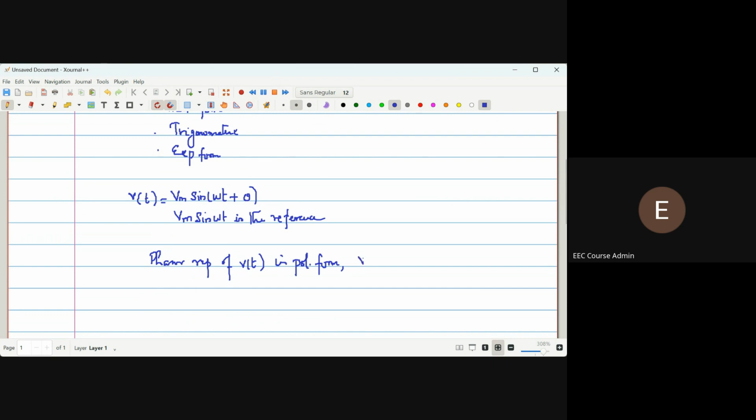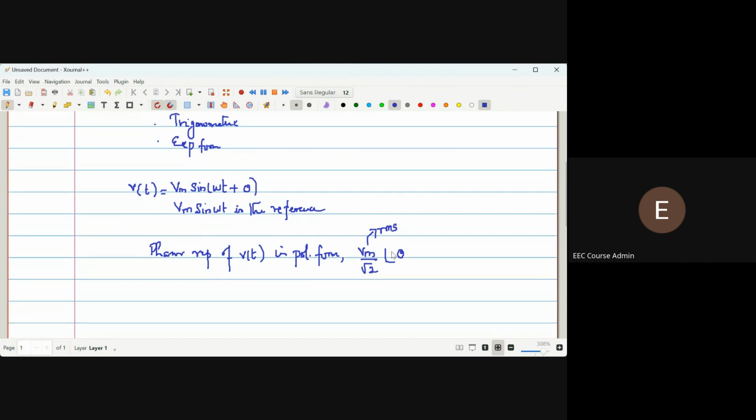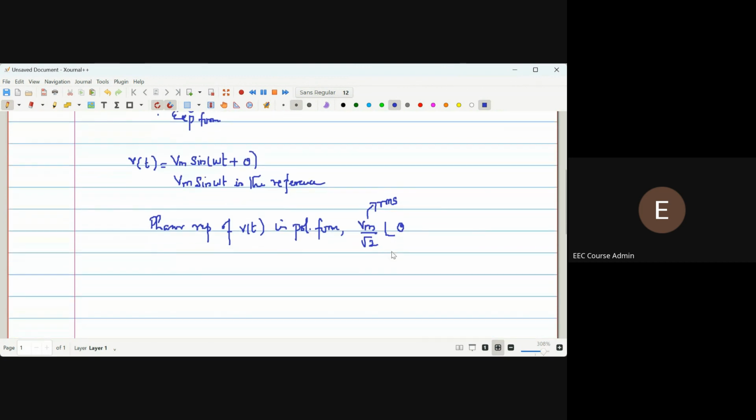So it will be Vm by root 2 angle theta. Vm is the peak value, so RMS will be Vm by root 2. Rarely will you see it in peak value.